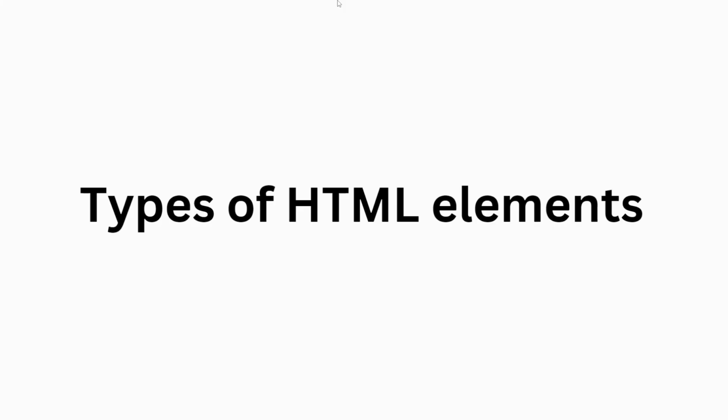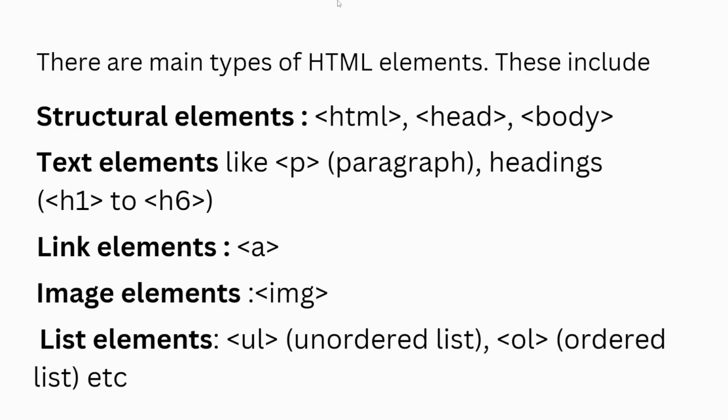Because elements are the building blocks of web pages, there are different types of HTML elements. These include what we call structural elements, that is the HTML, the head, and then the body tag. There is also the text elements, which are used to display text.